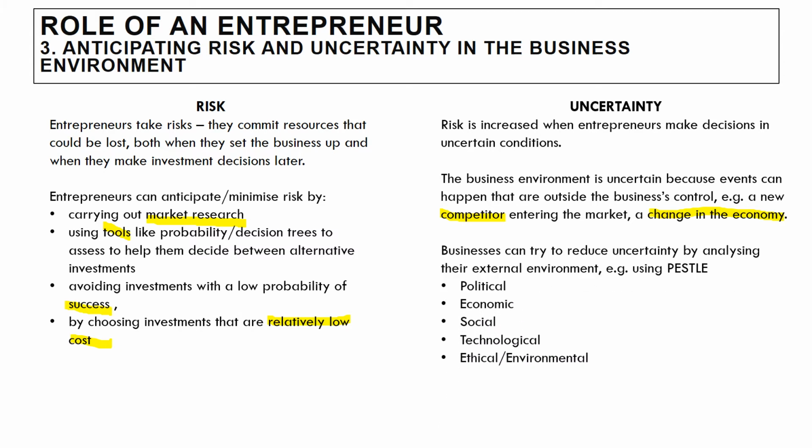And they will try and manage this by looking at potential uncertainty that may occur and trying to deal with it. They might look under these sorts of categories: political, economic, social, and so on. So businesses can plan for uncertain events by making a contingency plan or a bit of a backup plan.